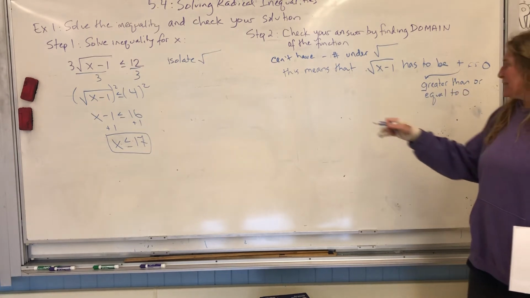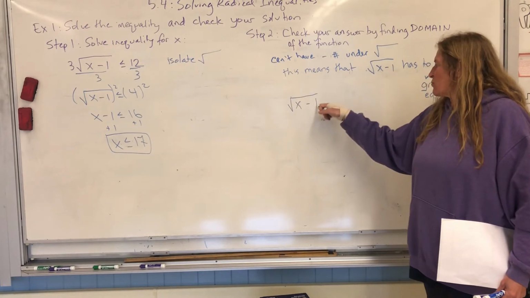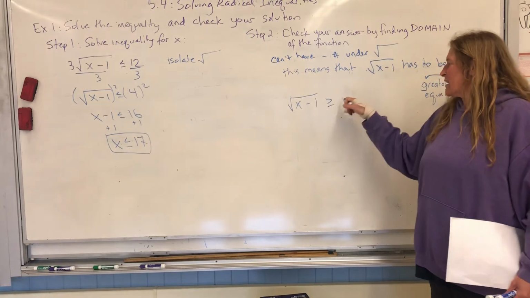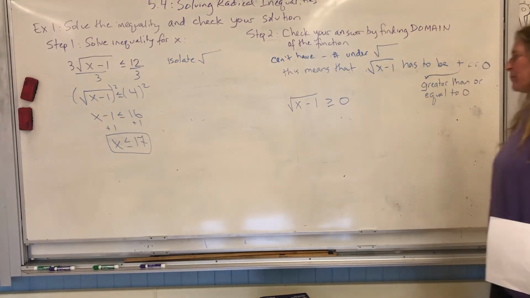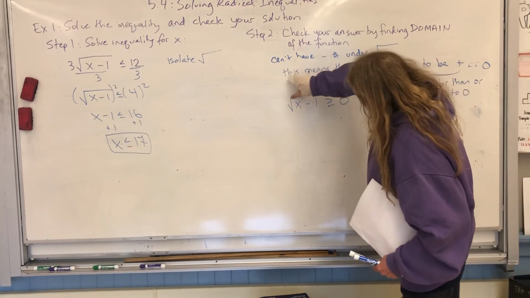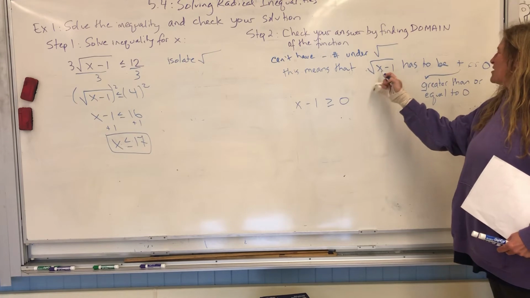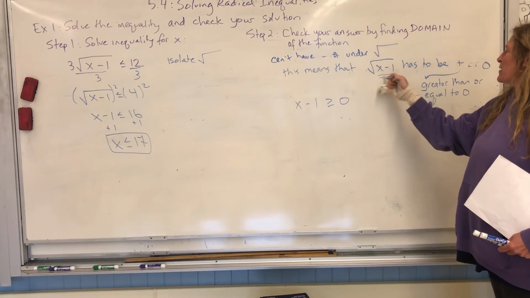So what that means is that I need this potential constraint on my answer, x is less than or equal to 17. That also has to be true. Sorry, not the square root. The actual x minus 1 has to be greater than or equal to 0.